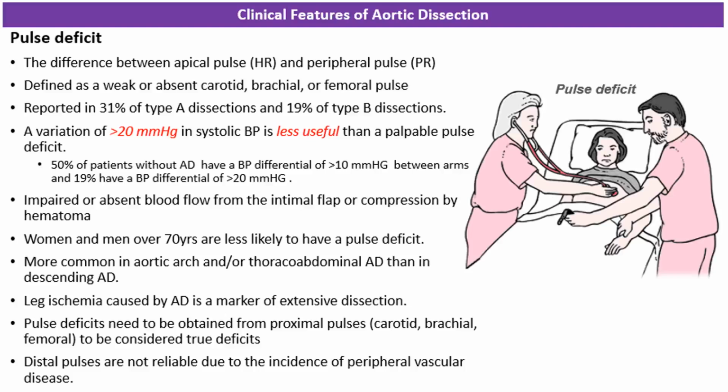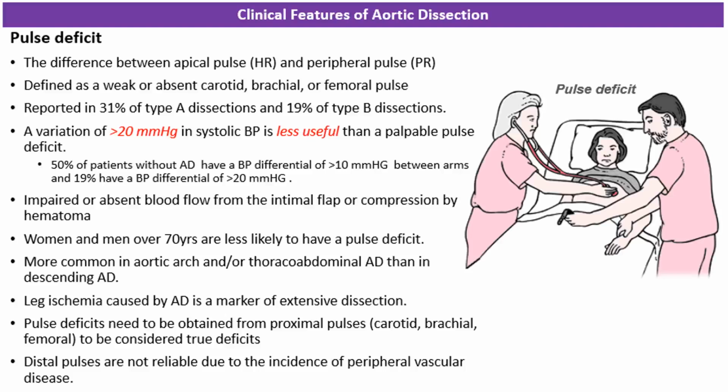Nonetheless, leg ischemia caused by acute dissection is a marker of extensive dissection and may be accompanied by other compromised vascular territories. The clinical course of the peripheral ischemia can be quite variable, and up to 1/3 of this group may demonstrate spontaneous resolution of their pulse deficits.